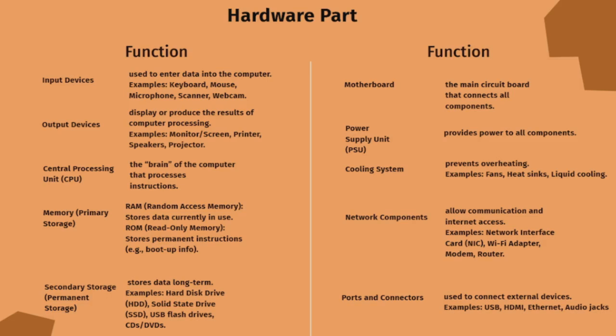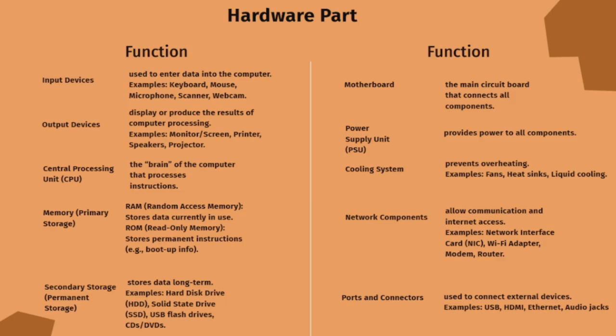Then we have the central processing unit, more like the brain of the computer, which processes instructions from the input and tells the computer what to produce at the output. We have the memory to store what the user is working on. Then we have the secondary storage, which can be external or the more permanent storage part of the computer.